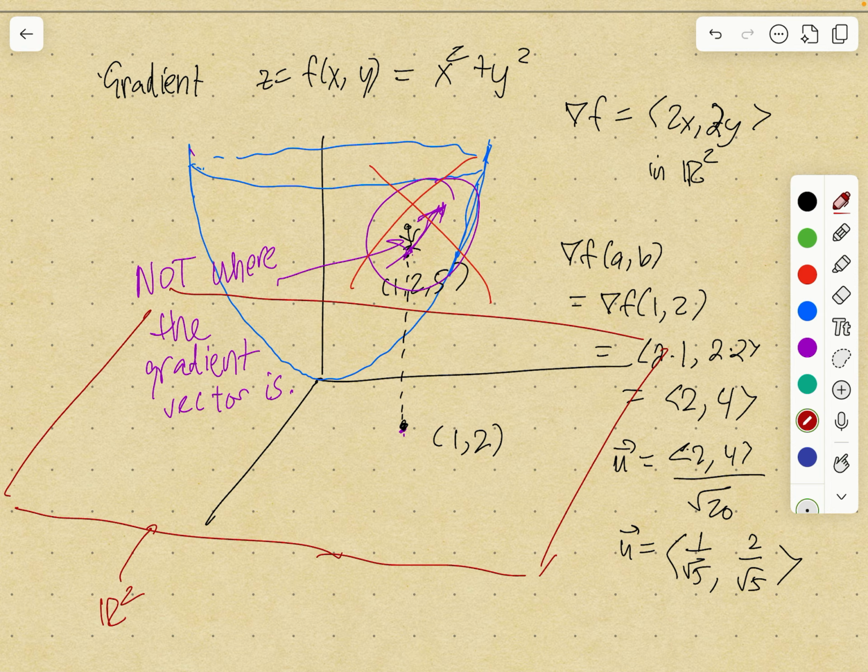So then your gradient is 1 over root 5, 2 over root 5. This is the x-axis, that's the y-axis. 1 over root 5, 2 over root 5 is like this way. So in terms of this mountain point of view, that's where the gradient is.